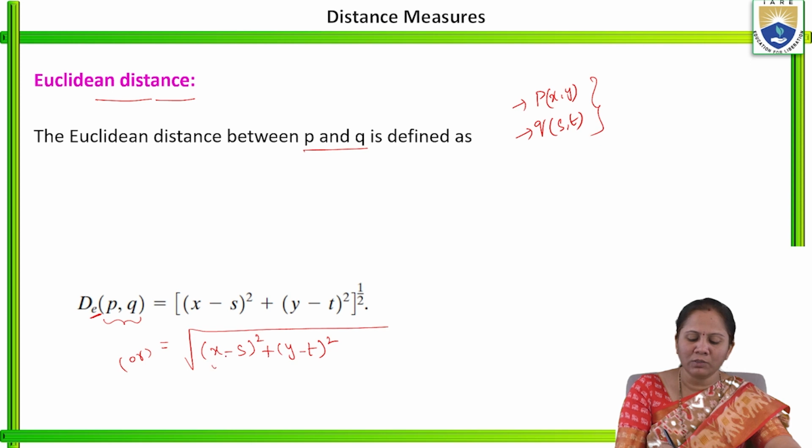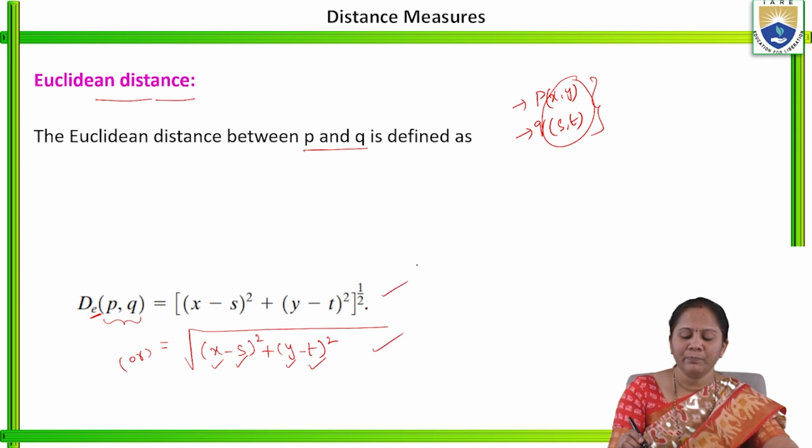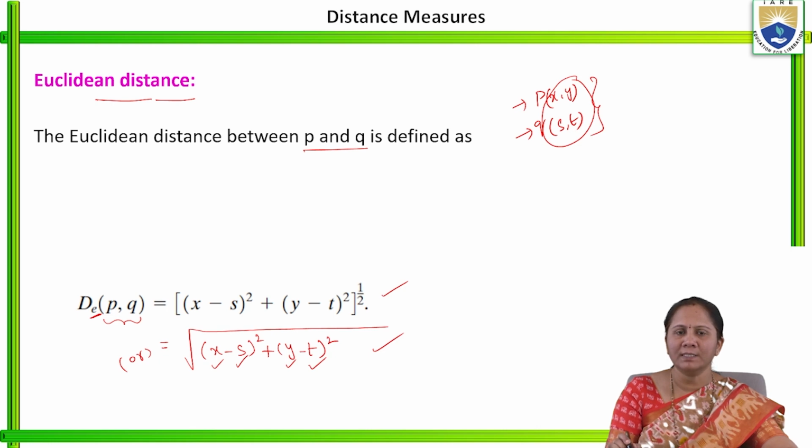The values of x, s, y and t we will have, because they are the coordinate values of the two pixels P and Q. By using this formula, we can calculate the distance between the two pixels P and Q. So this is one of the methods.